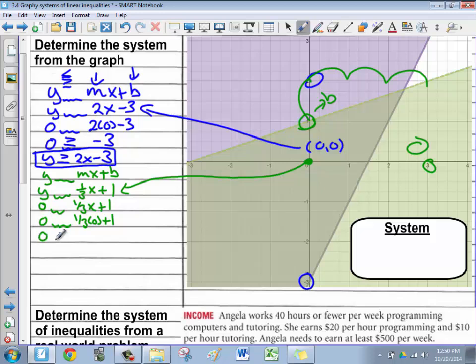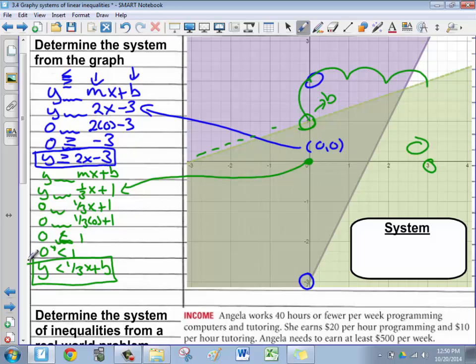So I've got 0 is something 1. Well, 0 is less than or equal to 1, right? Oh, this is a dotted line, so it's just less than. 0 is less than 1. So there's the inequality we're going to use in this situation. I have y is less than 1/3 x plus 1. This is my second inequality.